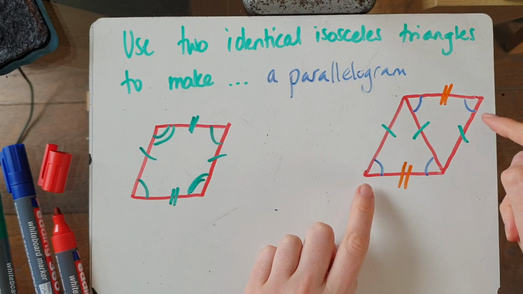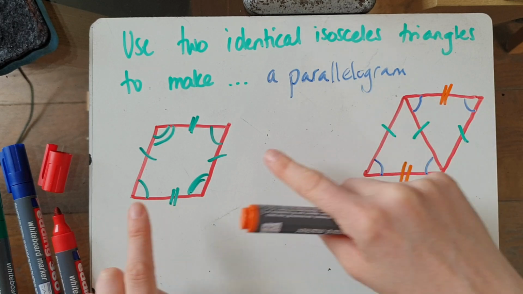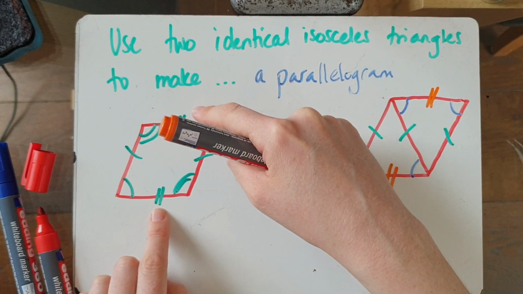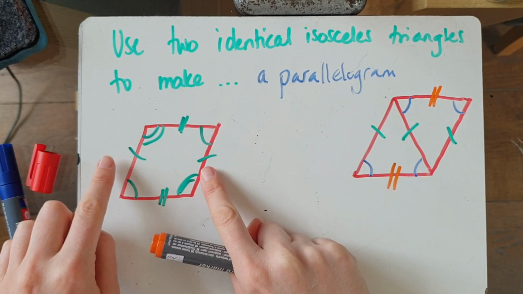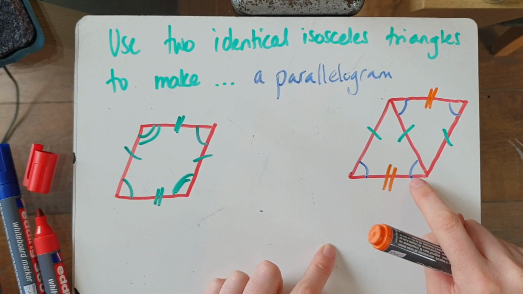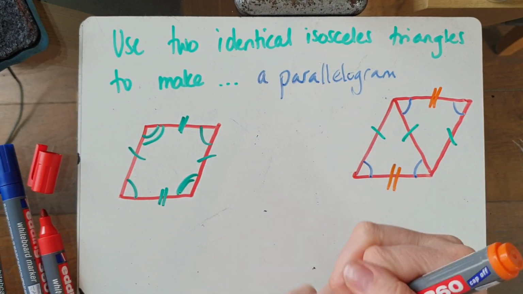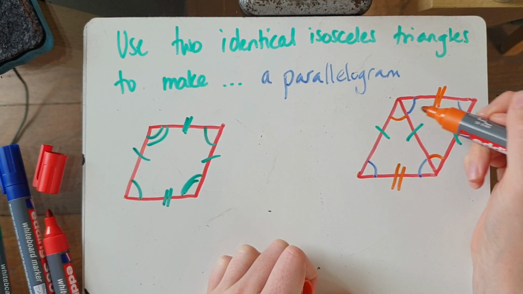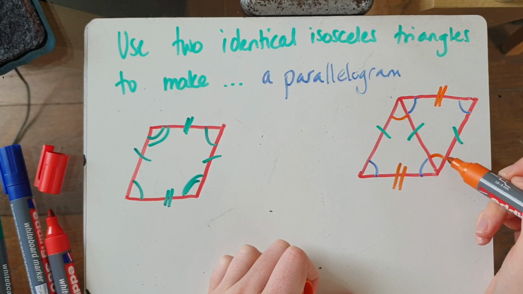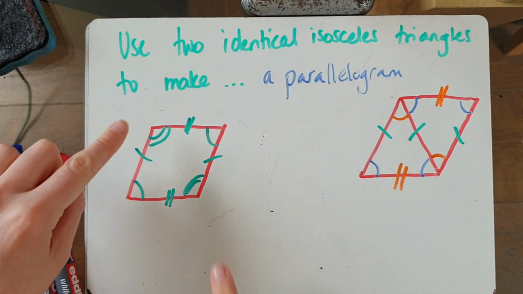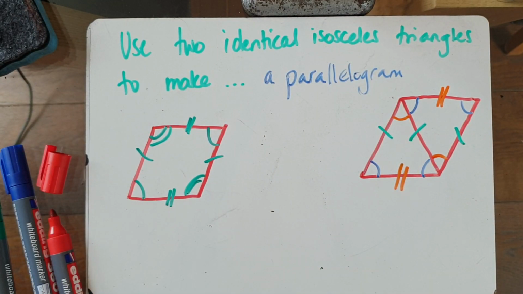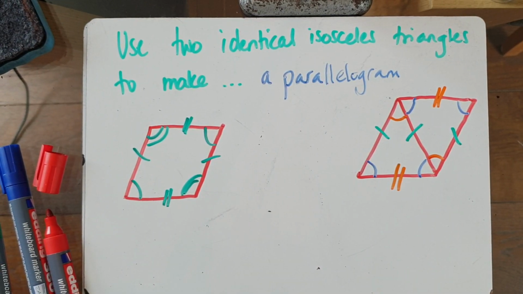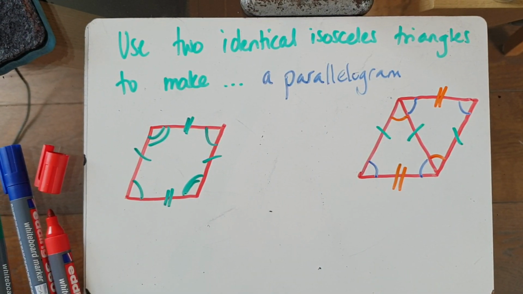And if we have a look, we've got two matching angles there, two equal sides here, two equal sides here, and then this angle is going to be the base plus the top angle, and so is this. It's going to be the base plus the top angle. So this whole angle is the same as this whole angle, so we've got matching opposite angles there as well. So that is how we would make a parallelogram out of two isosceles triangles.